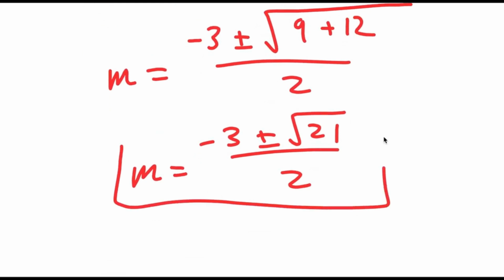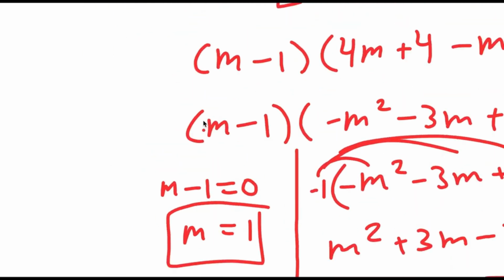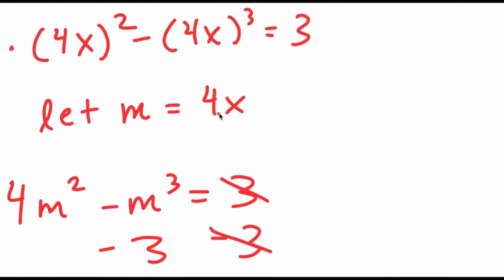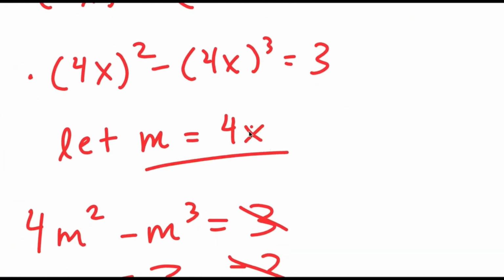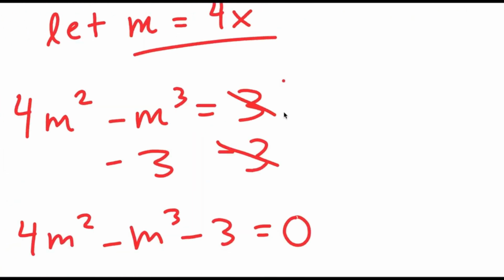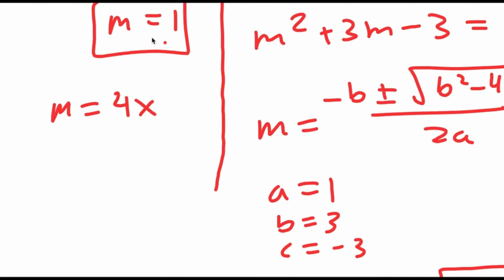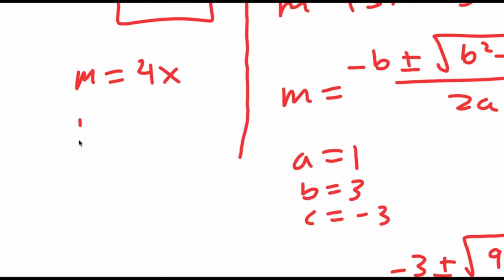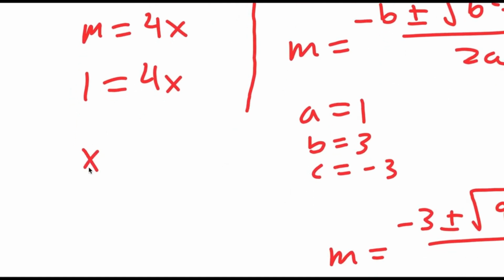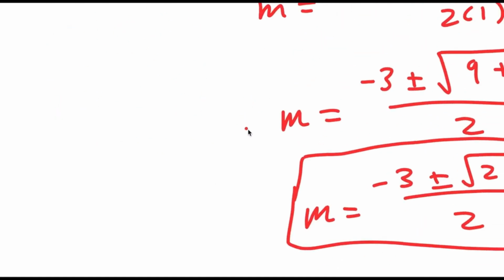So I have 3 total solutions to m. However, we're not solving for m, we're solving for x. And remember, m is equal to 4x. So if m is equal to 4x, then when m equals 1, x is equal to 1 over 4. So this is one solution of x.